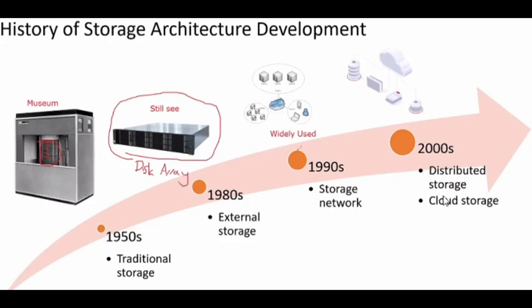The storage network is where you have your storage controller and all this stuff, so this is mainly SAN or NAS. And of course, our good friend distributed storage came in the early 2000s, when cloud came about. That's where you see the distributed storage architecture.